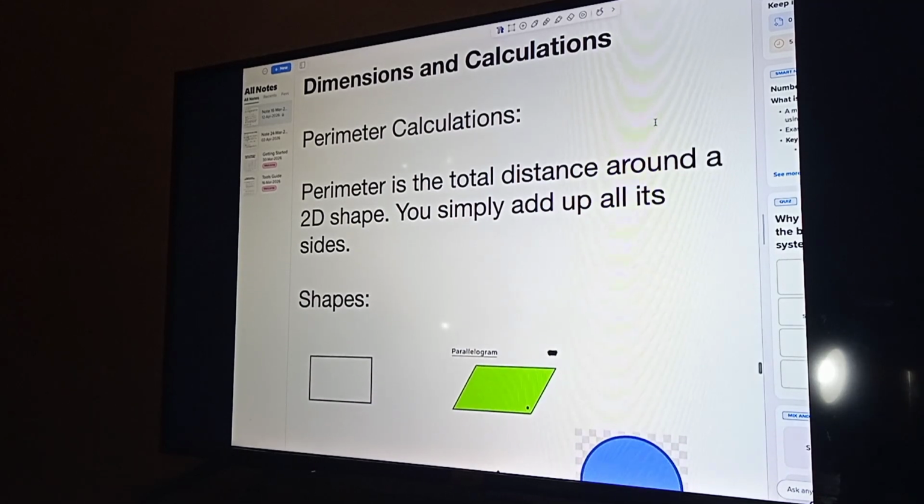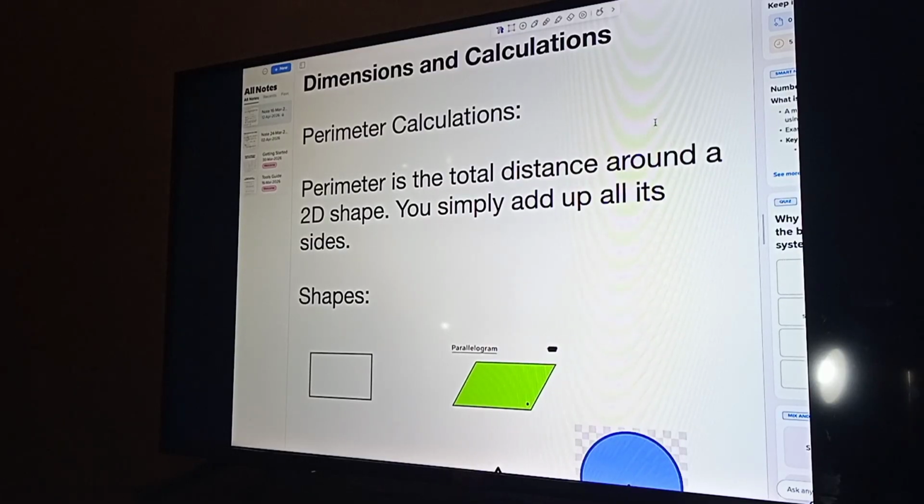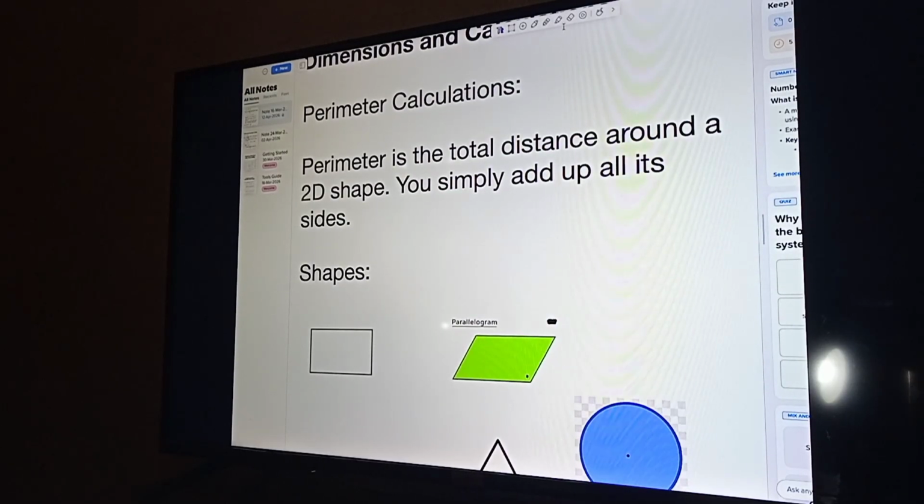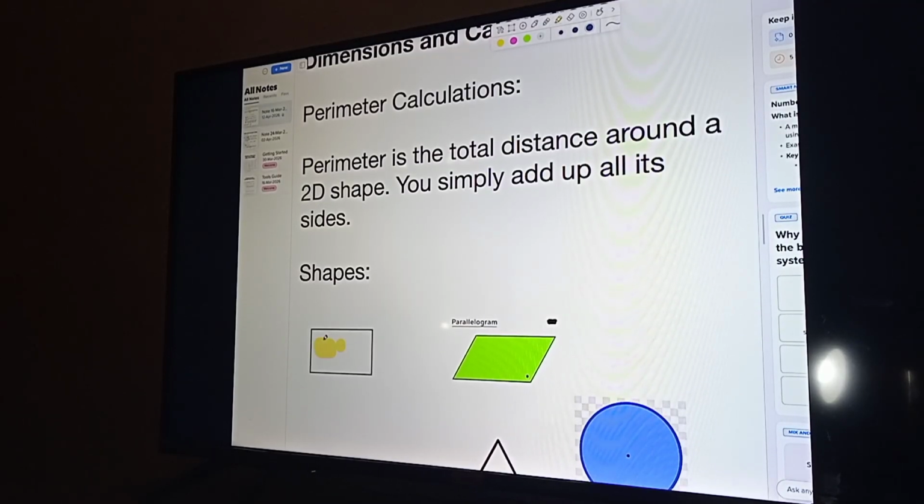As we already know, area is the measure of the space enclosed within a shape, like this inside colored area is actually the enclosed area of this rectangular shape.